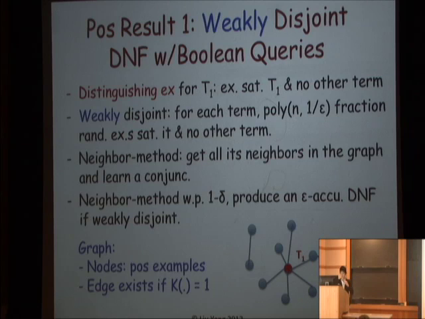Then for each positive example, we look at all its neighbors in the graph, those that share something in common, and we construct the minimum conjunction that is consistent with that example and all its neighbors.